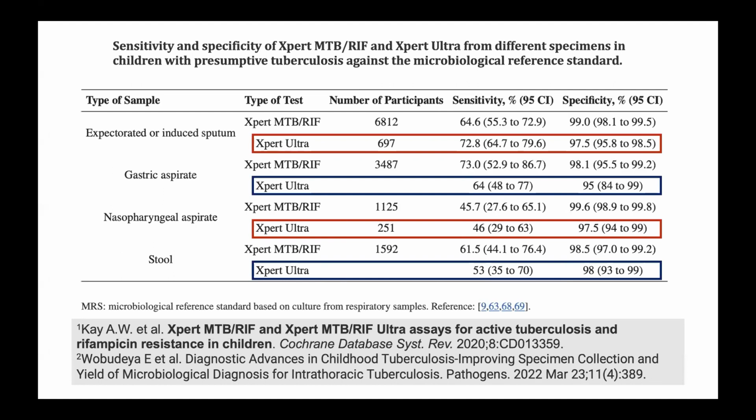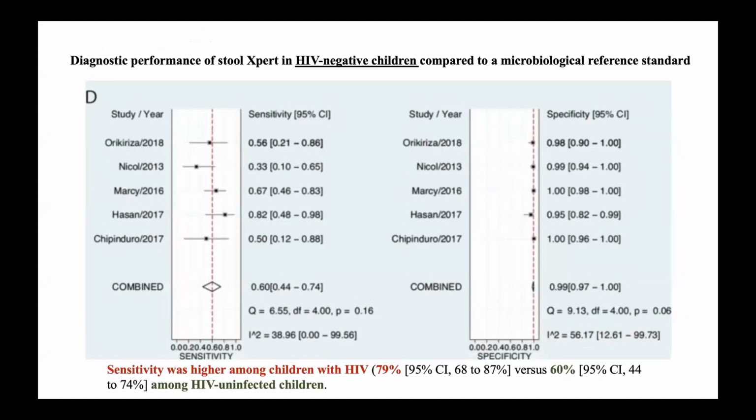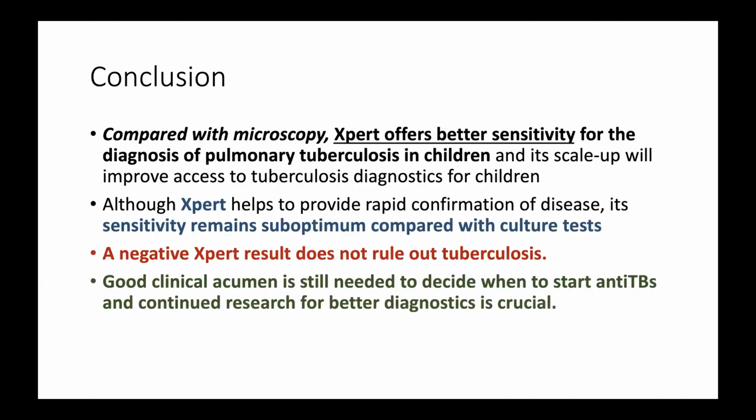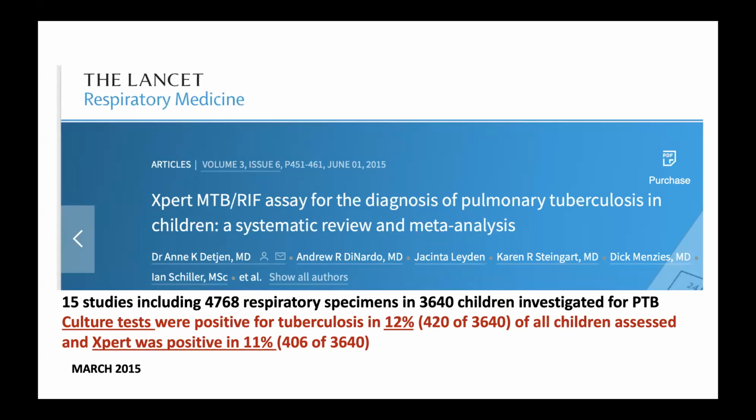Absolutely, Judy. And the reason why we spoke about this, and I think I shared this very sobering systematic review done in 2015, is that despite all these tests, look at the number of children who are investigated for TB.